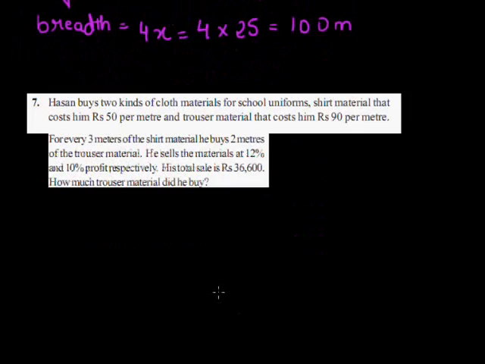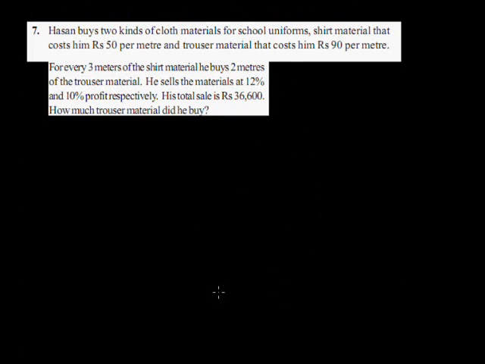The next question, seventh question. Hassan buys two kinds of cloth materials for school uniform. Shirt material cost him rupees 50 per meter and trouser material cost him rupees 90 per meter. Now it is said that for every 3 meter of shirt material, he buys 2 meter of trouser material. Now I can assume that he buys 3x meter of shirt.